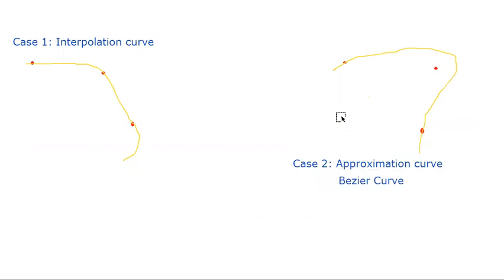It doesn't pass through all the control points, but it goes almost near the control points. That is known as an approximation curve. These are the two types of curves which you have studied here.